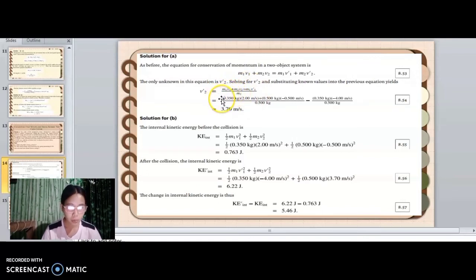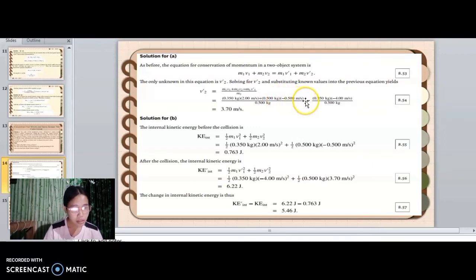Our mass 1 is 0.50 kilogram. Our velocity 1 is 2 meters per second, plus 0.500 kilogram, our mass 2, or cart 2, times our velocity 2, which is negative 0.500. This is negative because cart 2 is going backwards.